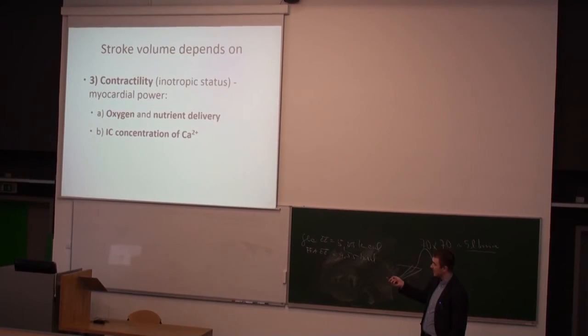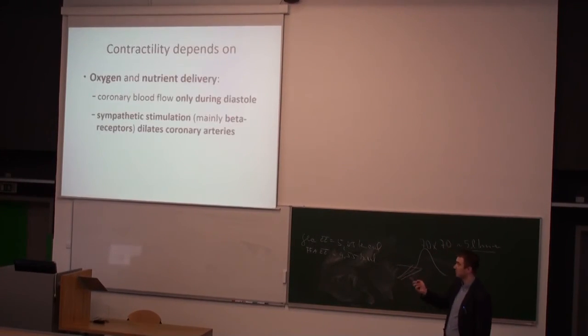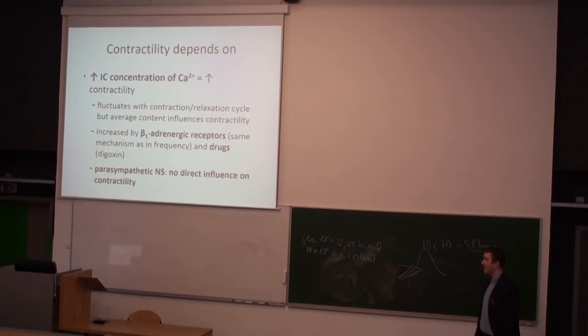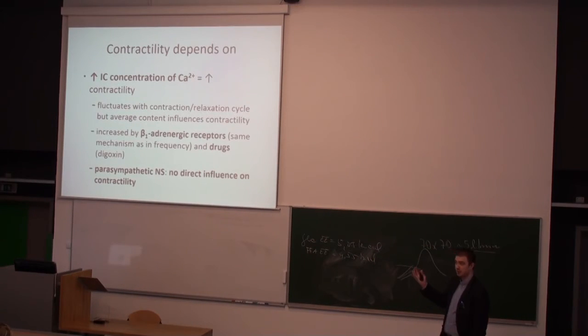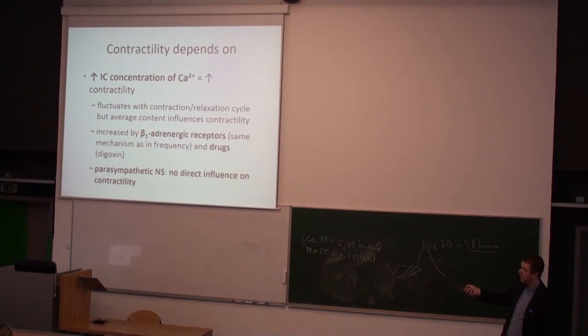The second parameter is the intracellular concentration of calcium. And here we return to what we learned for the frequency. So how can we modulate the strength of the contraction? We typically can do it by the sympathetic nervous system, by the adrenaline. We will use the same receptors.